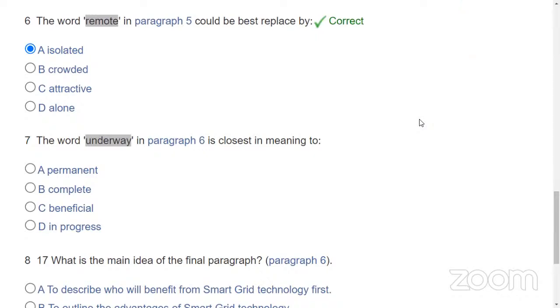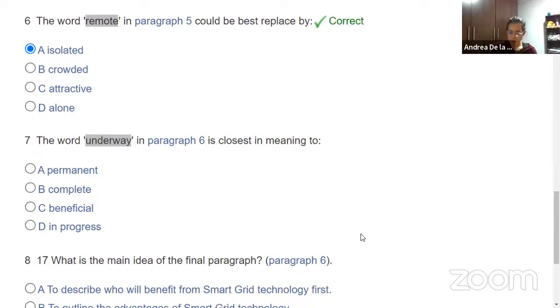Letter D. I agree, Miss. Okay. So do you know the word? Did you see it from context? No. Didn't know. Yes, I knew the word.